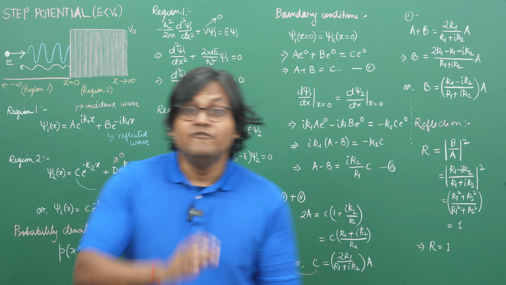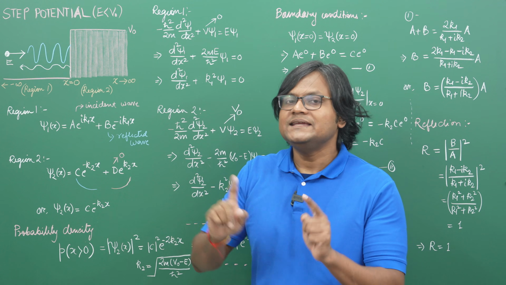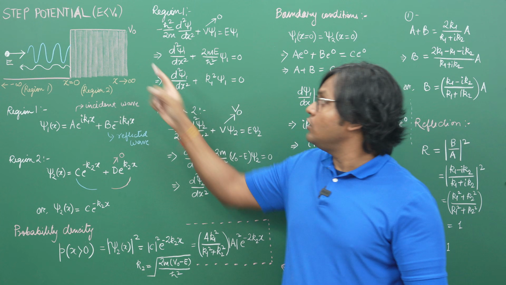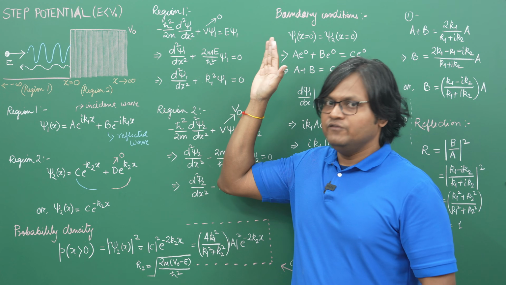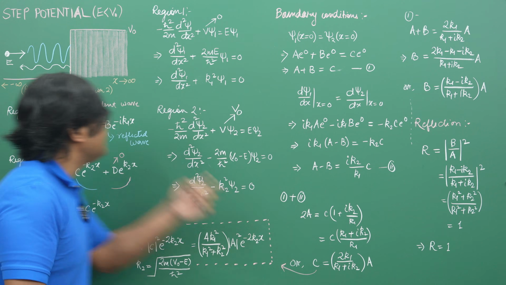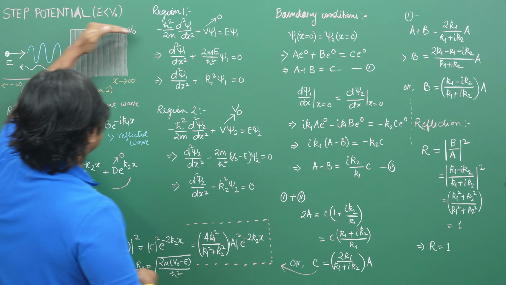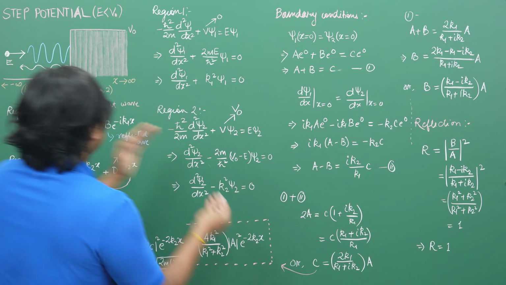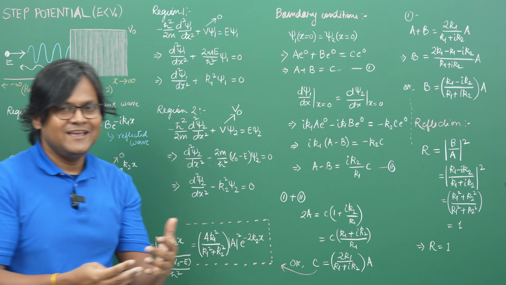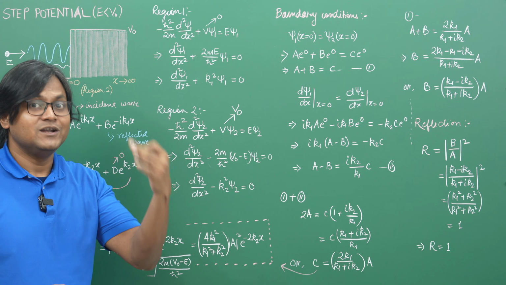That means eventually the particle will go back, because a particle cannot keep on moving forward up to infinity, because the potential extends up to infinity. Now the situation is very different if we had a finite barrier. If instead of this potential extending to infinity I had a finite barrier, then the situation will be very different, and I'm going to discuss that in the next video where I talk about quantum tunneling.